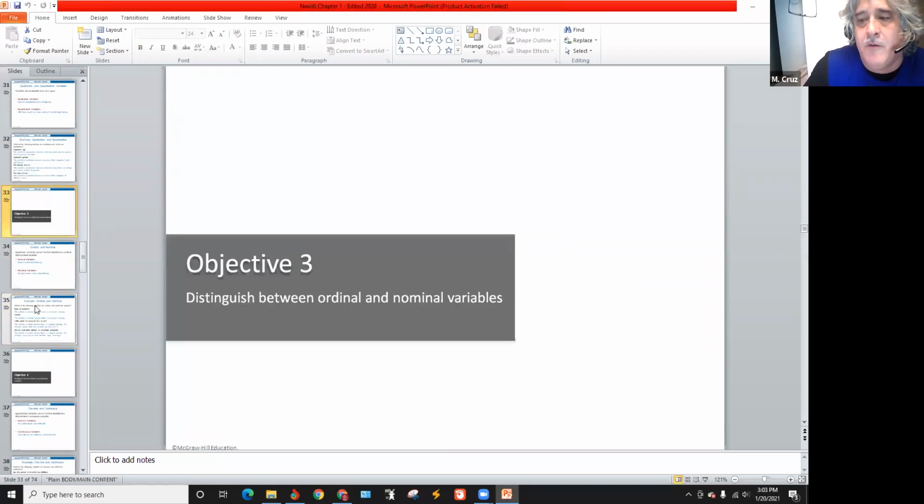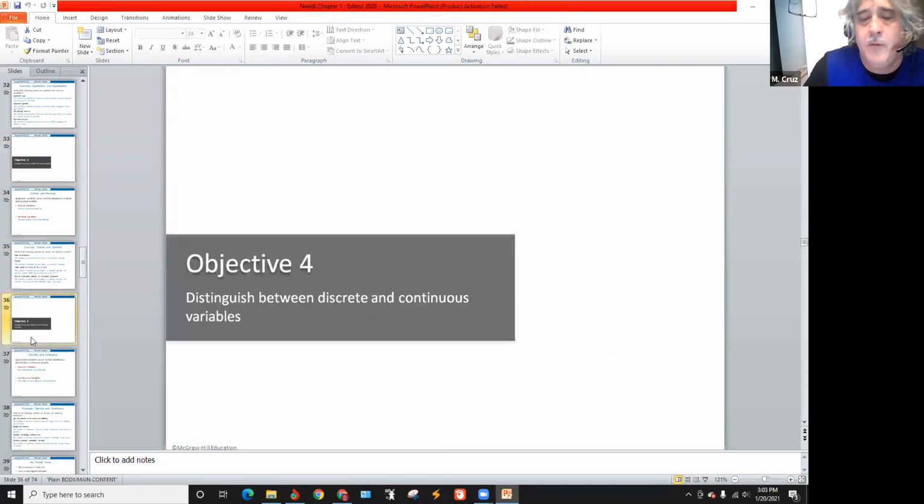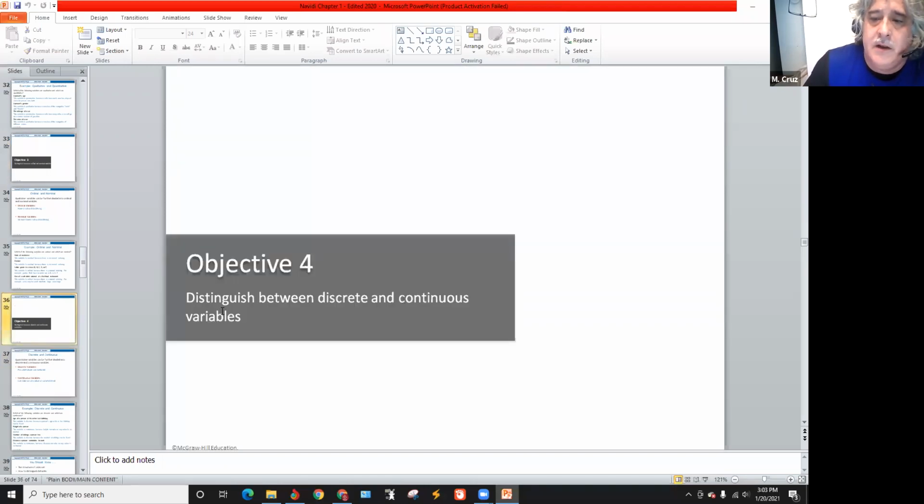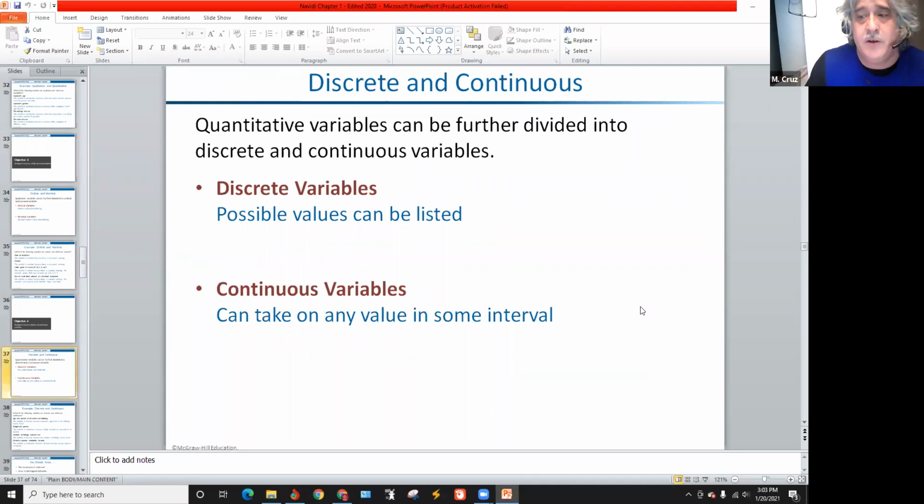All right, and then the other one that I want to mention is the difference between discrete and continuous. These are both numerical, both quantitative, but we need to understand the difference between them because these are going to dog us throughout the semester. If you've got discrete variables, that means all the possible values can be listed.